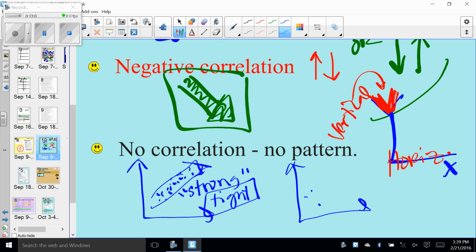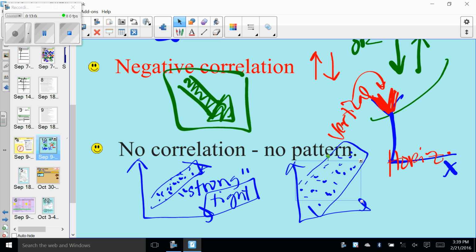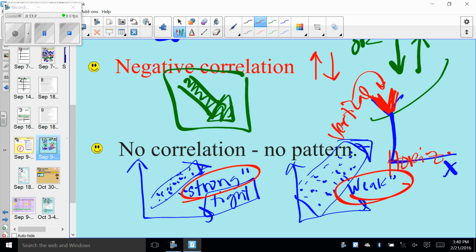This one here, okay, still has the same pattern up. This one we would say has a weak correlation. So it's still working there, but it's a little bit weaker. See, the points are a little bit more spread out. Still a positive trend, but just a little bit weaker. So there's weak and there's strong. You might want to add that to the bottom section of your notes if you can squeeze that in on correlation.